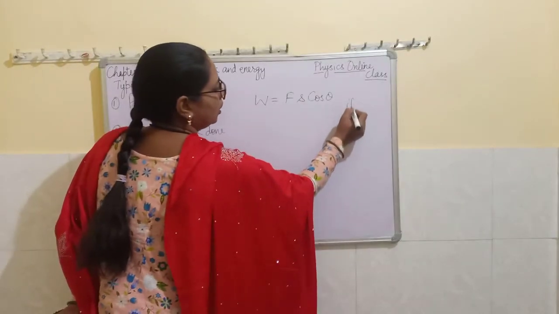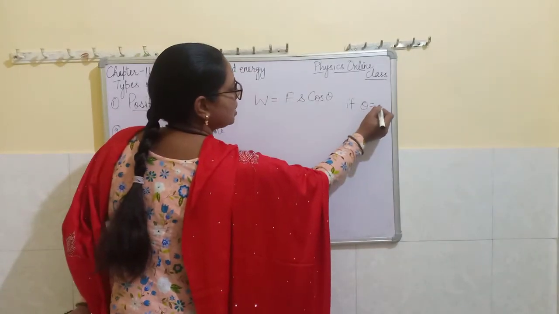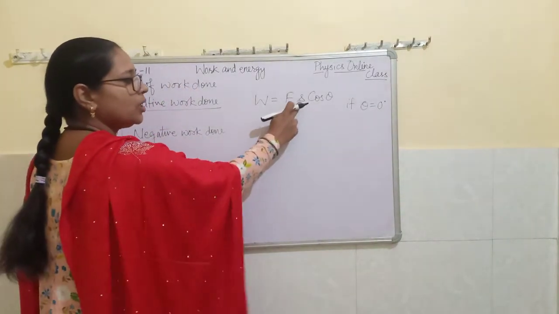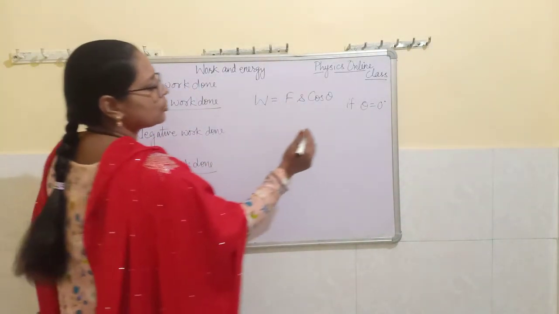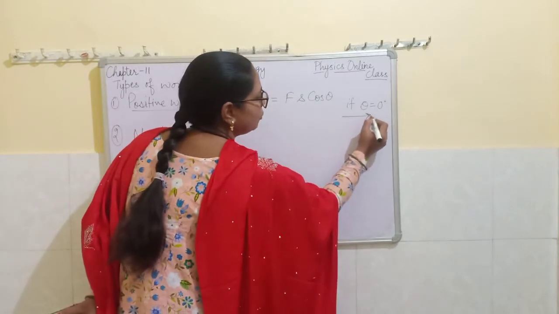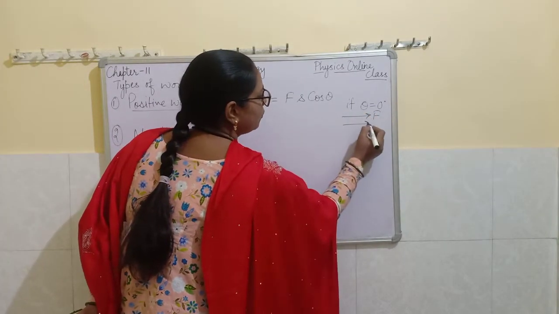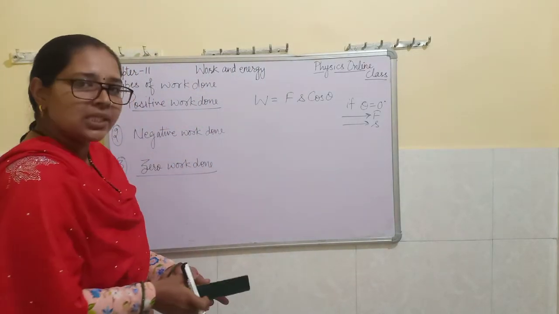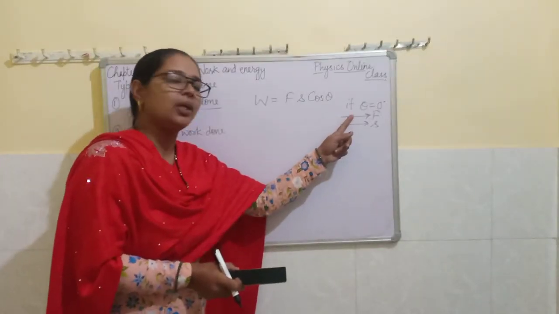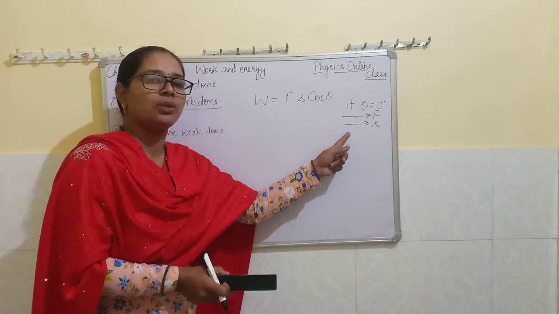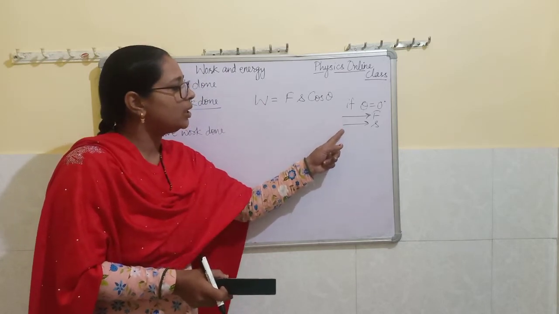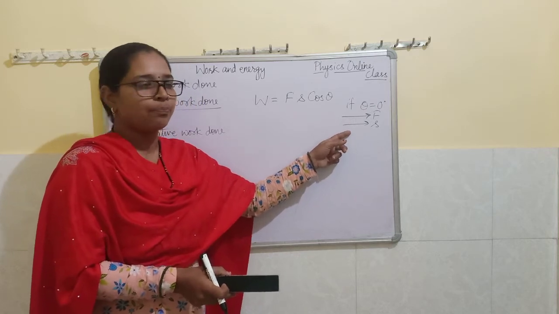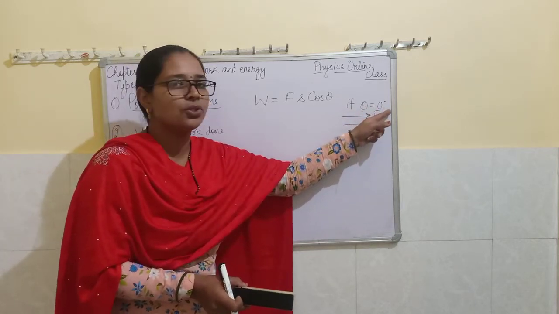If the value of theta is 0, where theta is the angle between force and displacement, we can also say that the direction of force and the direction of displacement must be the same. If the body also moves in the same direction in which we apply force, then we will say the direction of force and displacement are both the same and the angle is also 0.